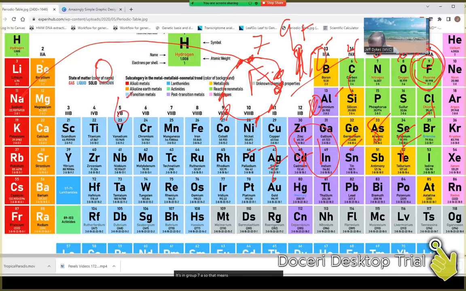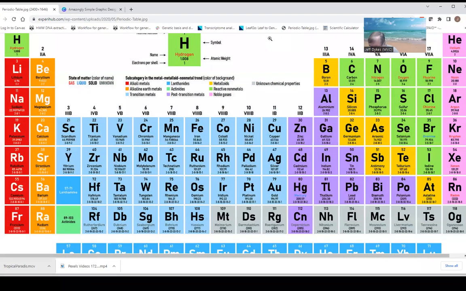So it'll be a -2 charge. And nitrogen is a -3 charge. And carbon can go either way, -4 or +4. So that's the rules of how to figure out the charges. The metals are positive ions, and we can just make the group number the charge on it. And then the non-metals are negatively charged, and we take 8 minus the group number, and that'll be the negative charge on those.